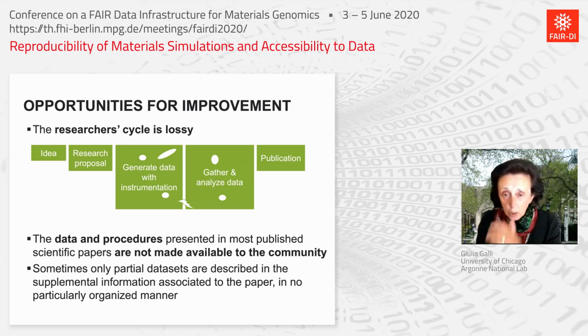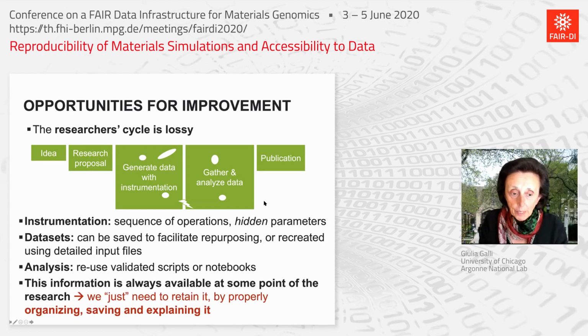The research that we do is usually pretty lossy, in the sense that the data and procedure are not made available to the community. At some point of the process leading to a paper, of course, everything is available, but then somehow it is lost. Either it's not considered very important for the text and it's put in an SI, or it's not completely verified and then it's not made available.